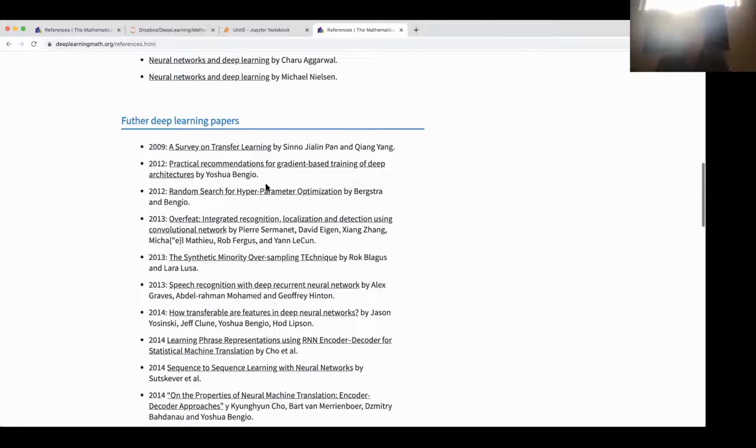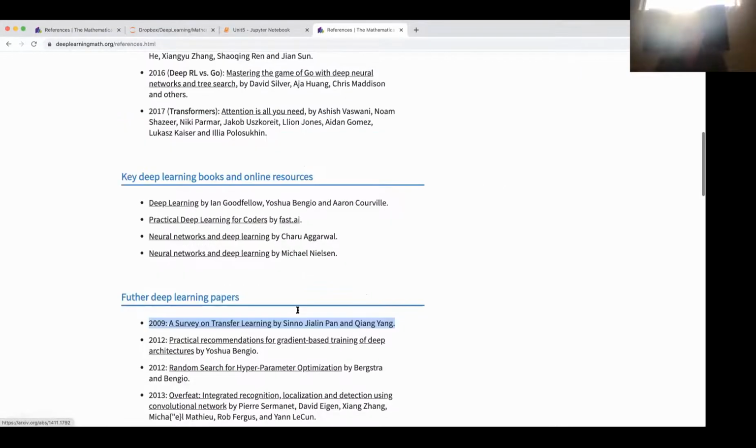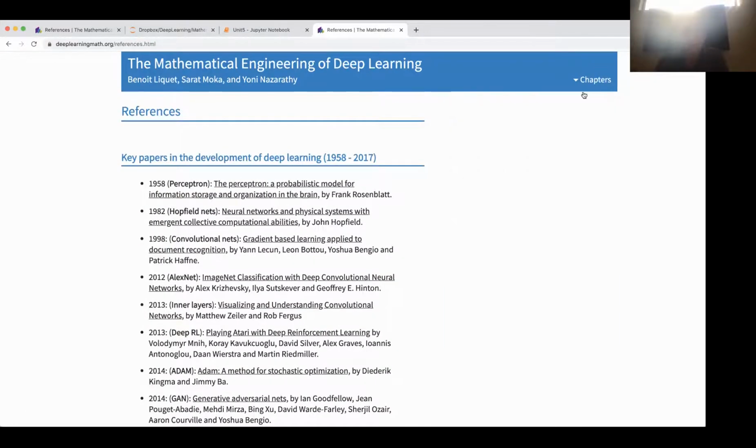I hope that helps. If there's a paper that's not on here that you'd really want to focus on for your project, send it to Sarat, Benoit, or to me, and it should probably be okay, as long as it's similar to these or falls within our domain. Slides are online, as Benoit just mentioned in the chat. No more questions? We get to business.